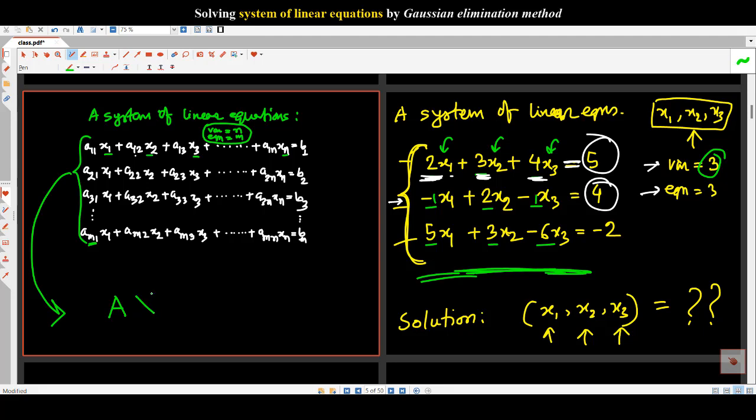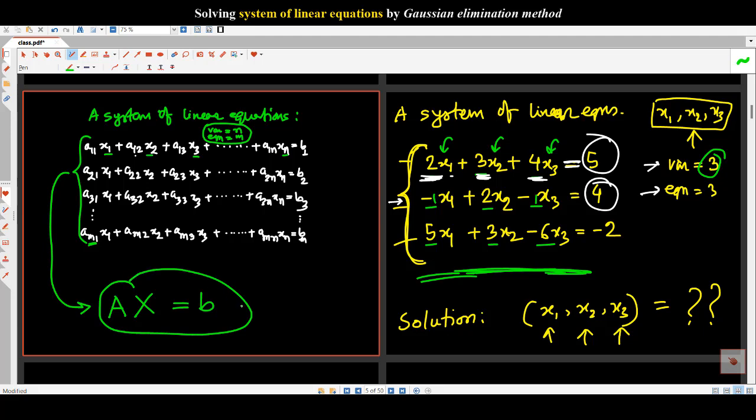Suppose we have AX equals B. This is actually the short form of the previous system, representing the previous equations with m number of equations and n number of variables.